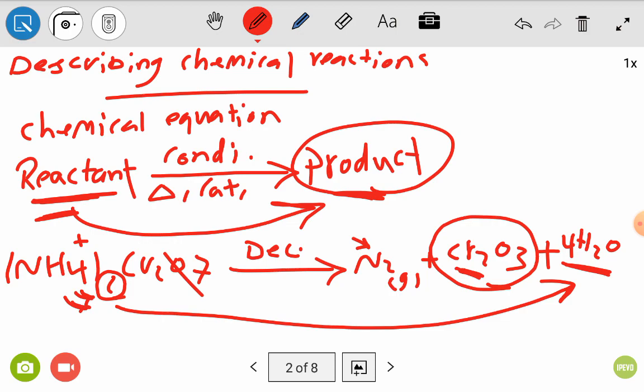Well, we can say this is known as a chemical reaction, and the symbols with the chemical formulas and everything represent the equation itself. We got here a chemical equation.